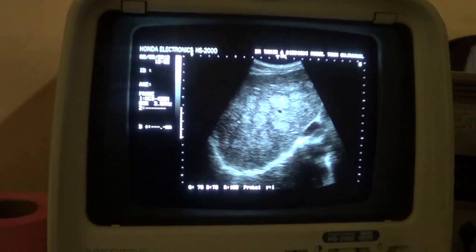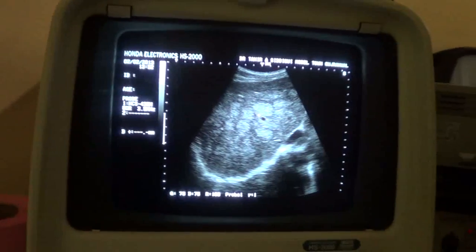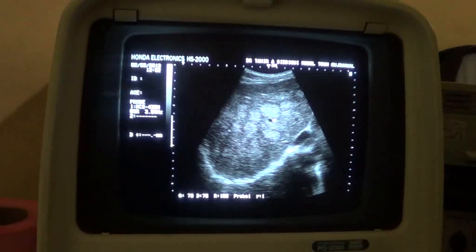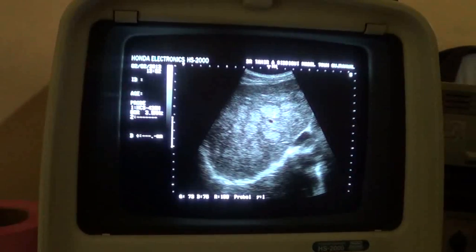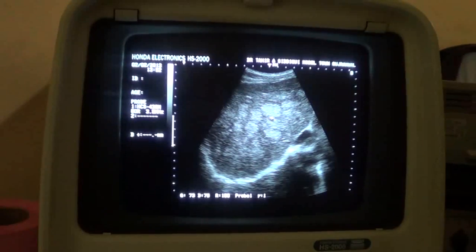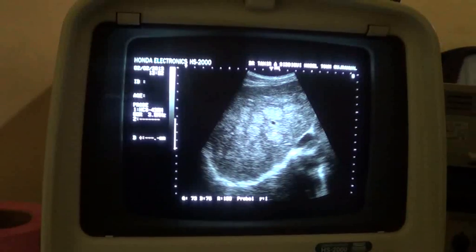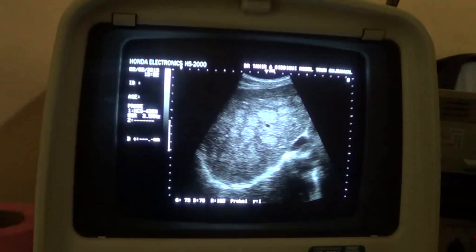So note the focal lesions, they are evenly echogenic, no posterior wall acoustic enhancement seen. We can see the posterior wall clearly, no calcification seen. See, only the size differs, otherwise the appearance of all these focal lesions is same, and they are seen in almost all the segments of the liver.